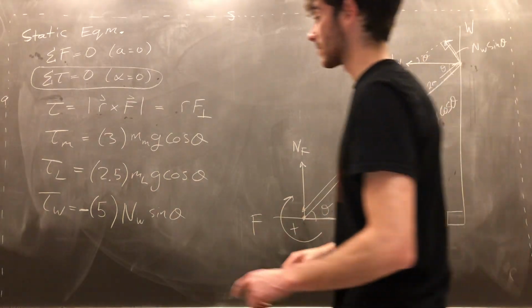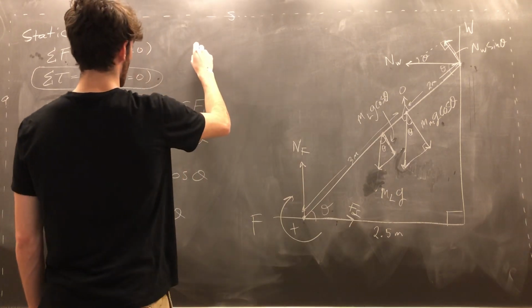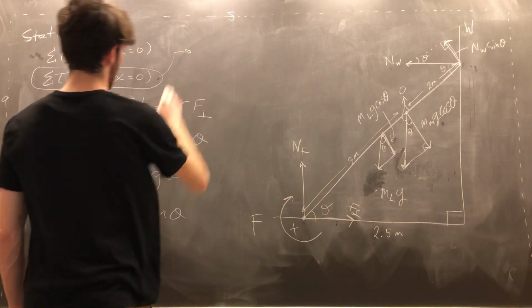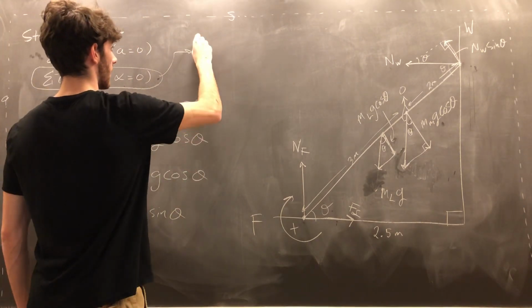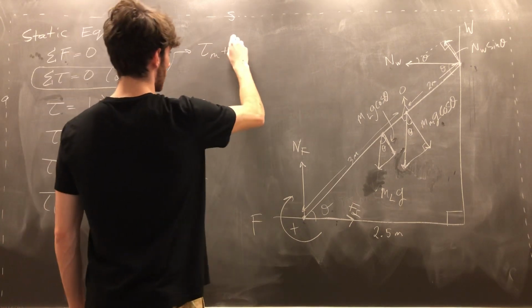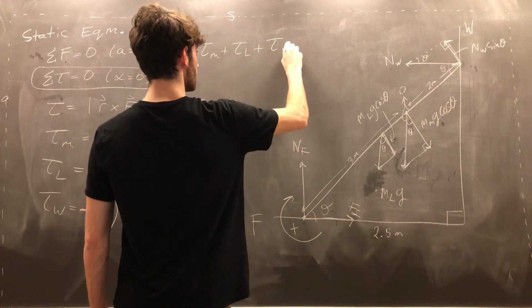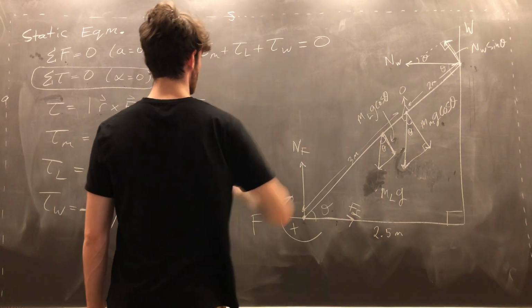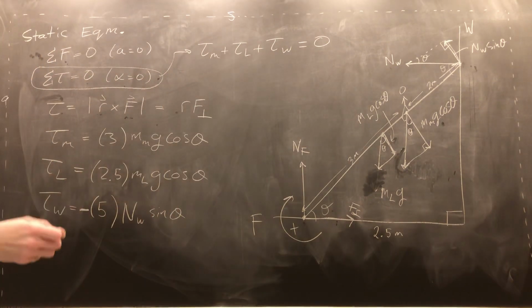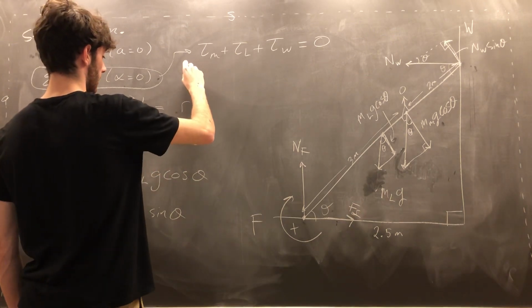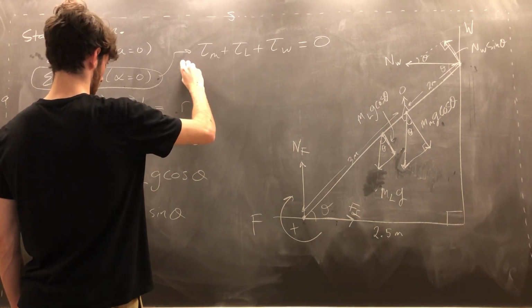So now if we sum our torques, well, we know that if I just apply this equation, tau m plus tau l plus tau w is 0. And I can plug in my numbers. 3.